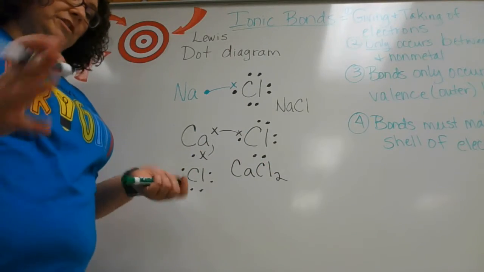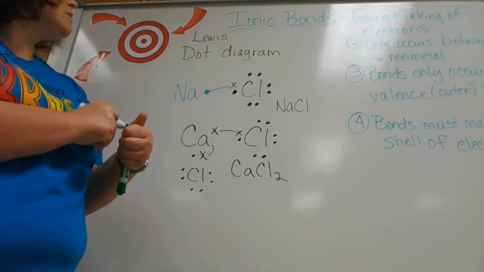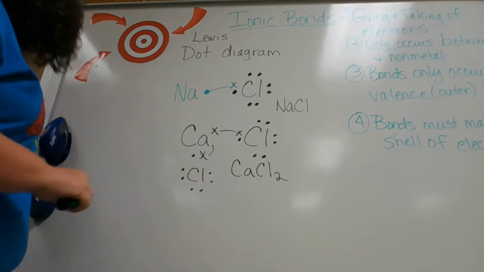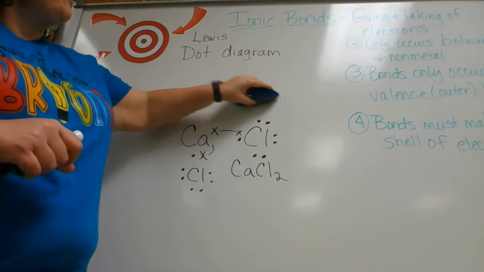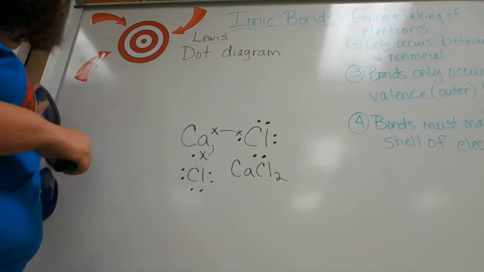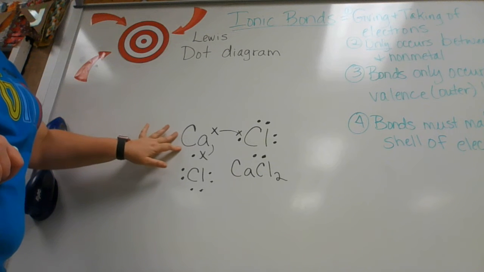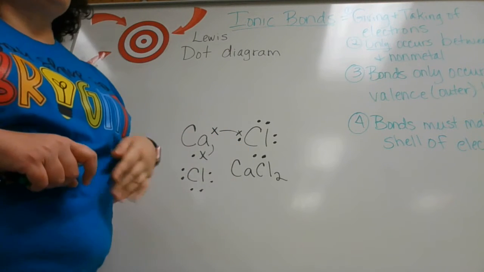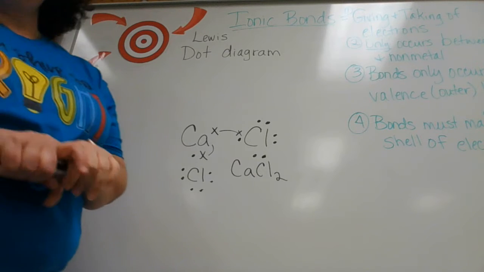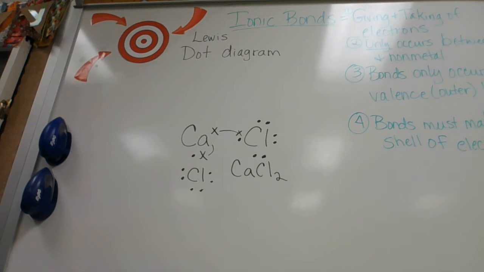Okay, because you have 2. All right, so let's look at one where you might need 2 metals with 1 nonmetal. All right, let's see which one that would work out with.